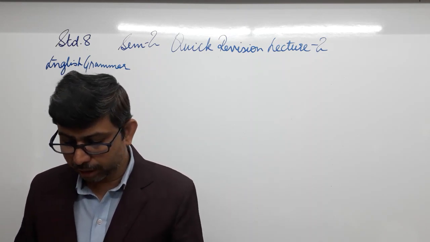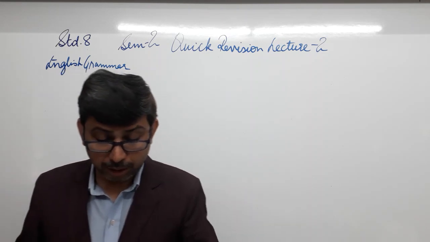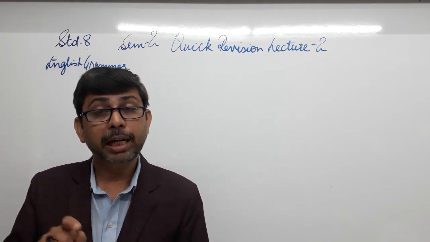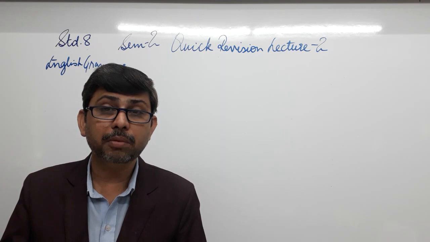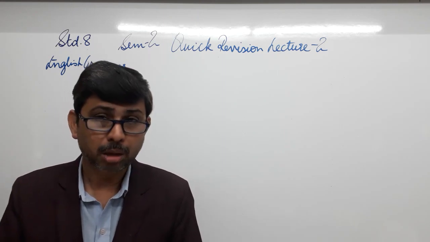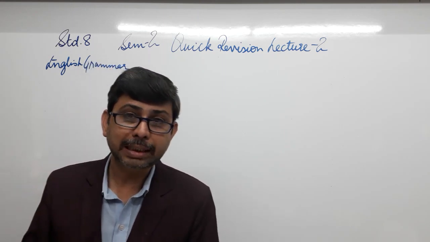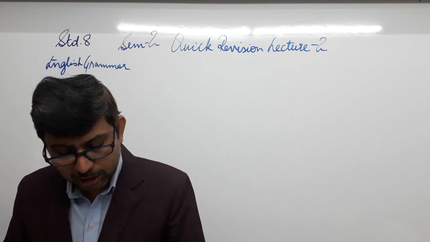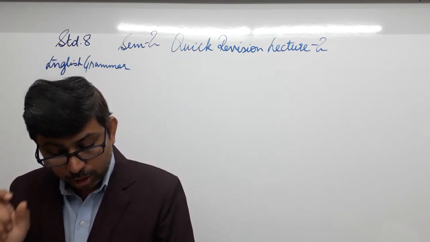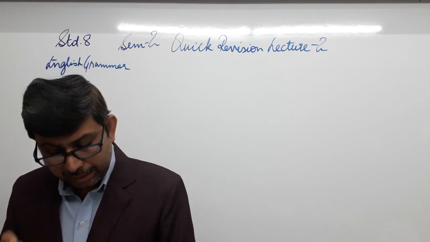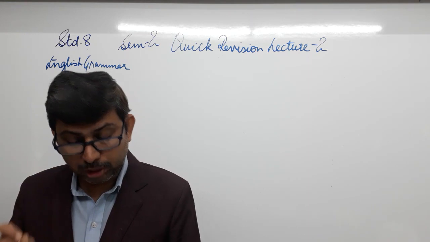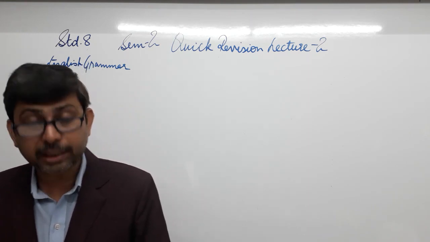Finally, we have the reported speech, where we change the exact words spoken by the speaker into the message that he wants to convey in his own words, probably not changing the context or the content. So direct speech reports the exact words of the speaker. In indirect or reported speech, we report what the speaker has said without quoting the exact words.